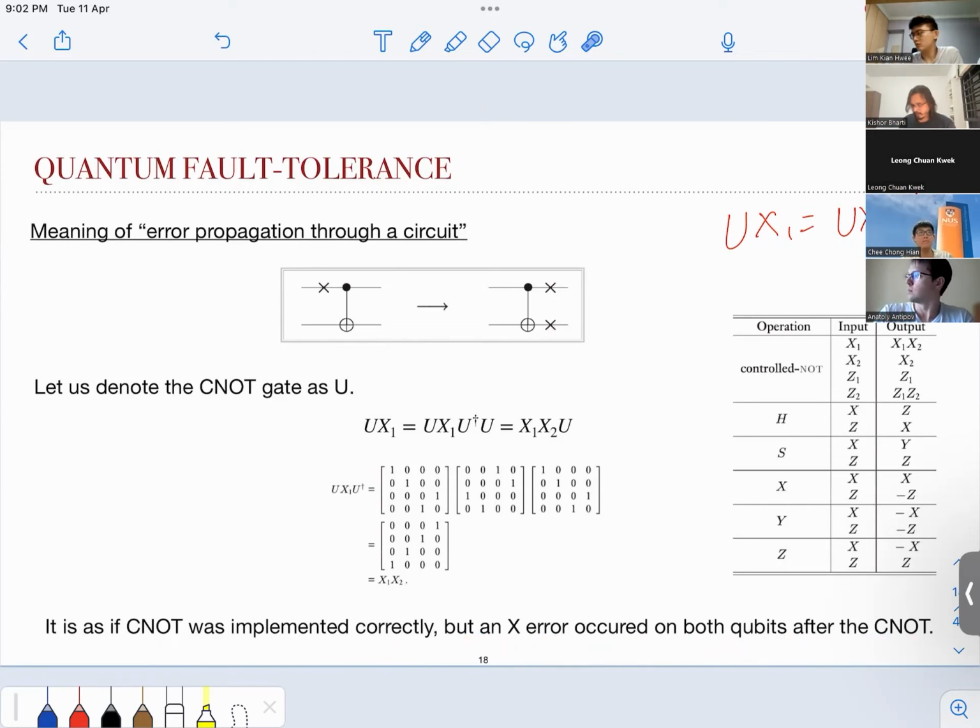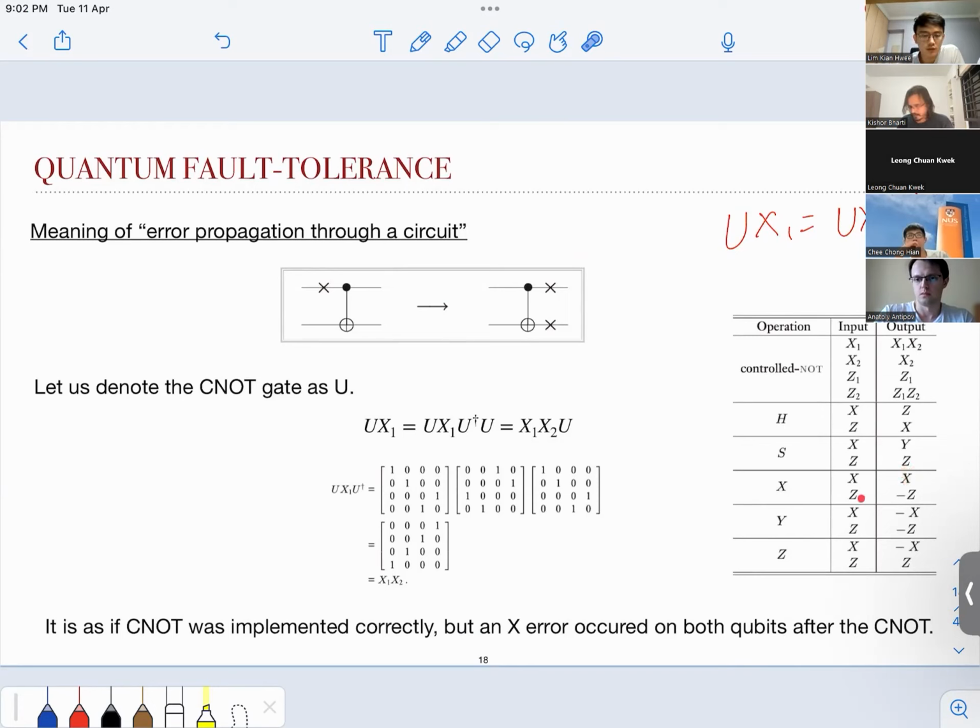Let's say you want to implement an X gate and say an X error occurred, so you did not implement anything, but you wanted to implement the X gate, so effectively an X error occurred.